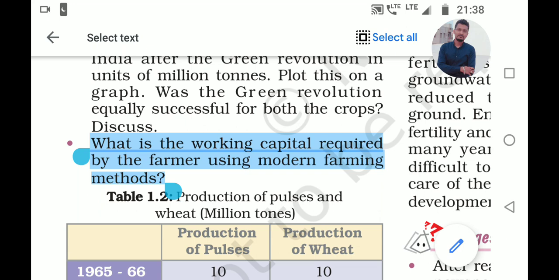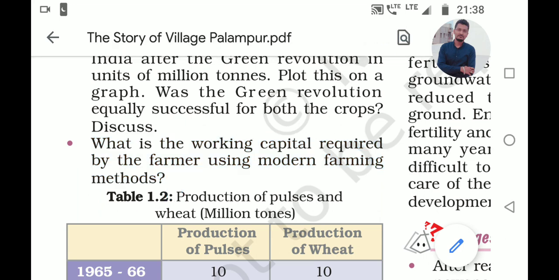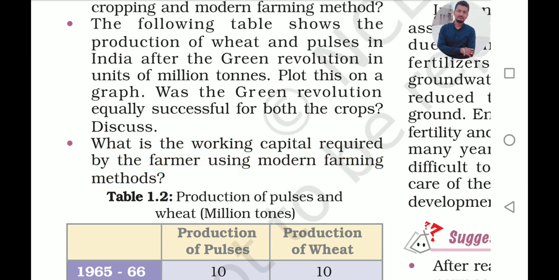Already we discussed, this is one of them, working capital. Farmers will require money for buying HYV seeds, chemical fertilizer, technological equipment, and some tractors, harvesters, threshers, all these things.